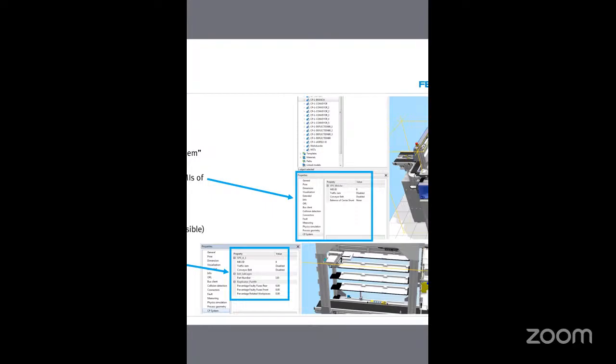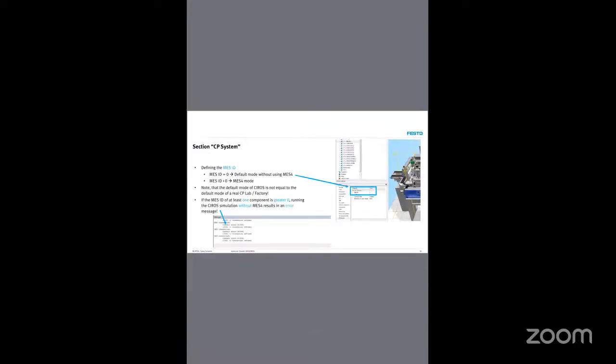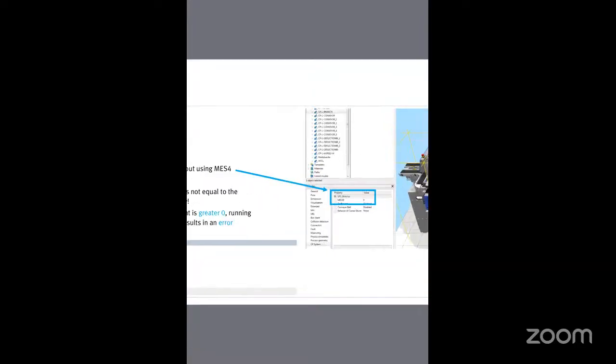Then energy saving, that means if there is no need, the conveyor will stop. Branch behavior: how to operate the branch properly.